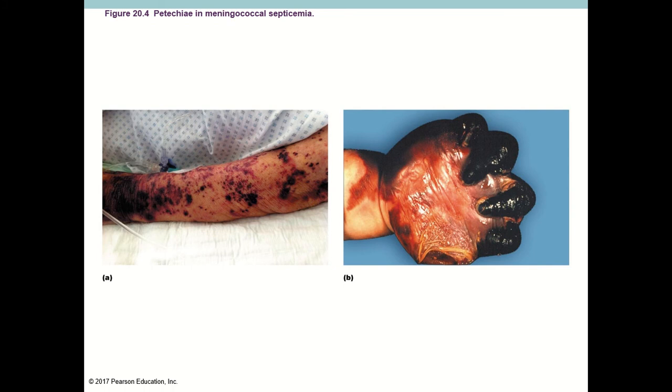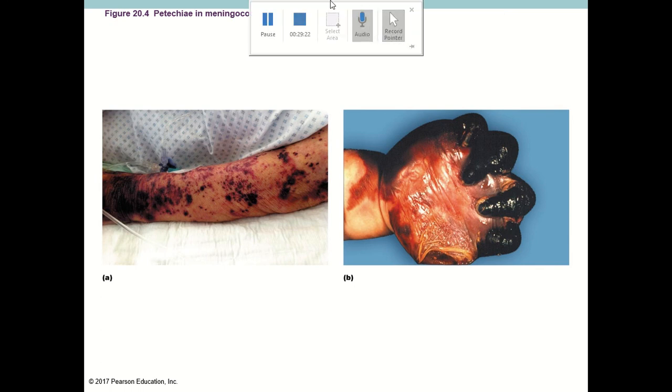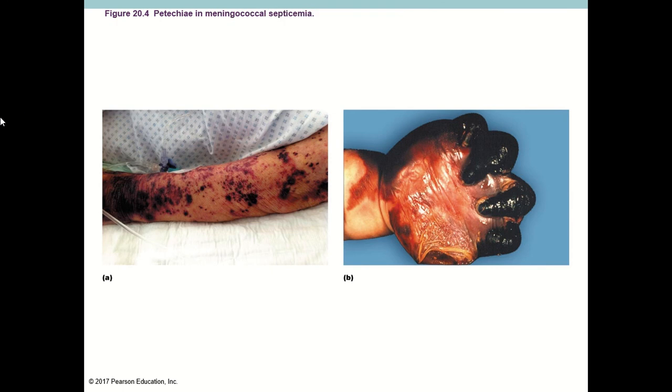They can get the bacterium by respiratory droplets, by coughing, and people close to you breathe it in and can become sick. This bacterium is pretty deadly. It can cause death within 6 hours of the onset of symptoms.